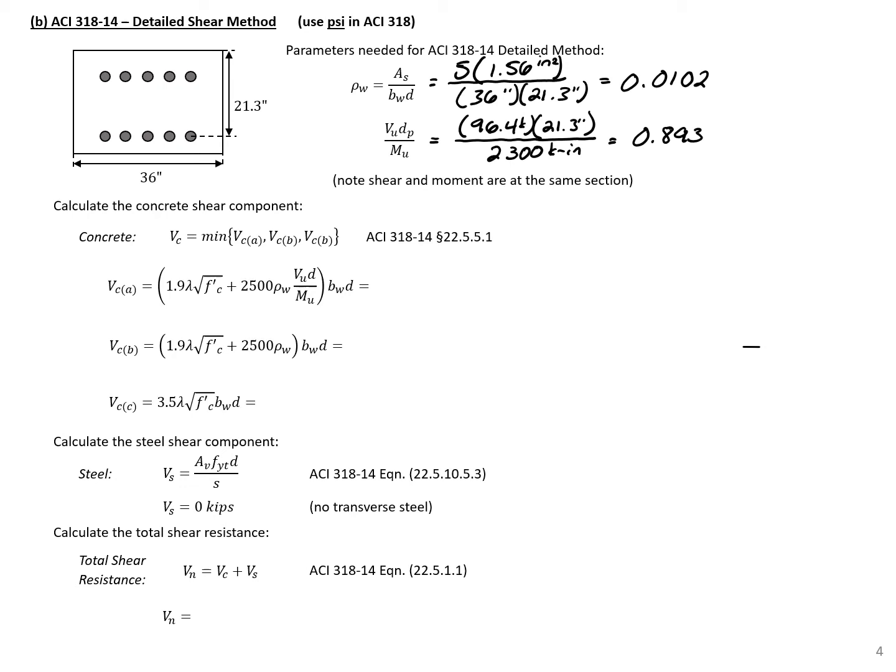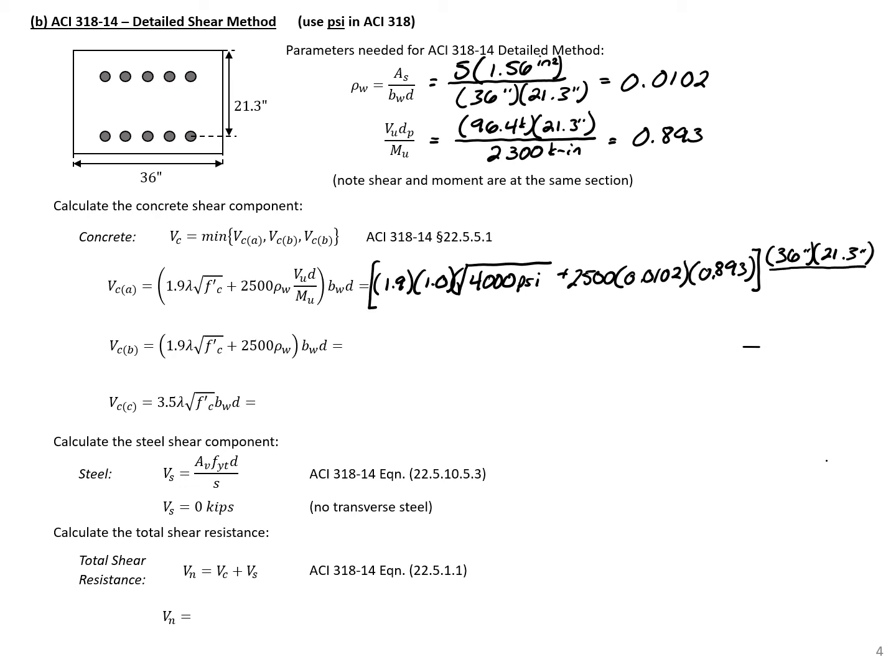First, our VC sub A is 1.9 times a lambda of 1.0 because we have normal weight concrete times square root of 4,000 psi plus 2,500 times our 0.0102 times 0.893, and then all this times 36 inches, BW times 21.3 inches, and then divided by 1,000 pounds per kip.